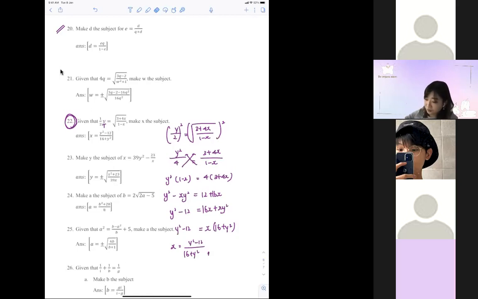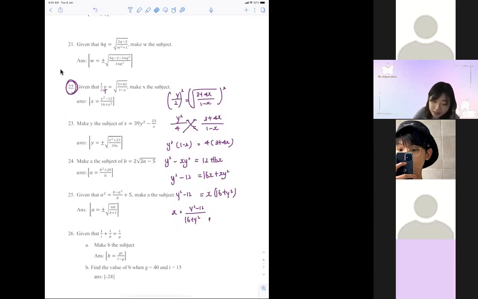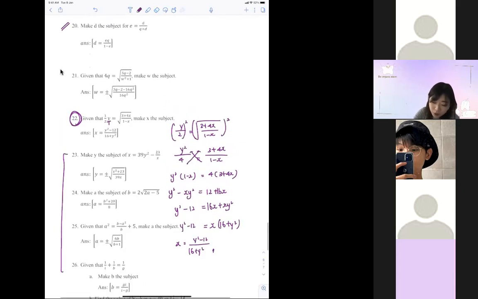I'm still at 26. Okay, good. When you guys are done with 26, can you help me take a picture of 23 to 26 and then send it to me? Okay, Mani, when you're done with 21, you take a picture of 20 to 22 and send it to me also, okay?